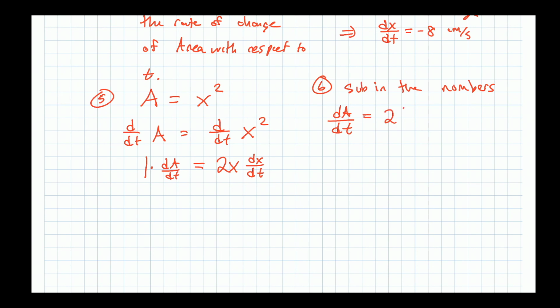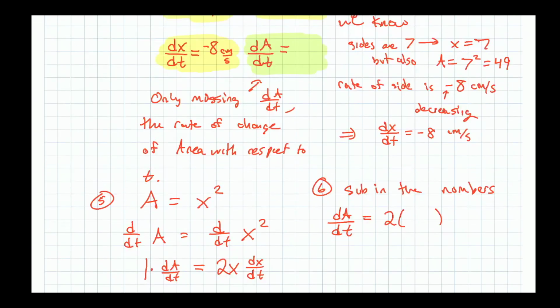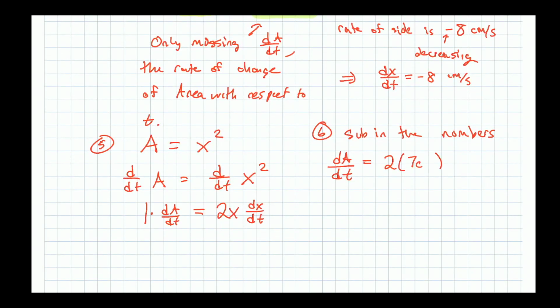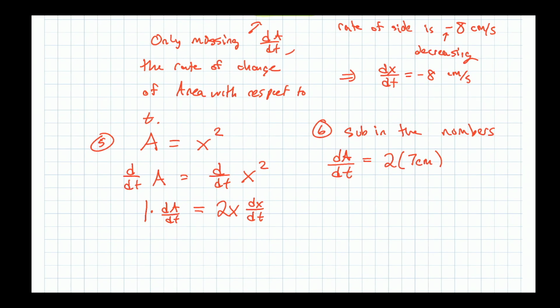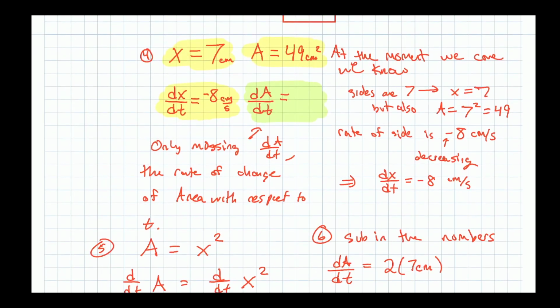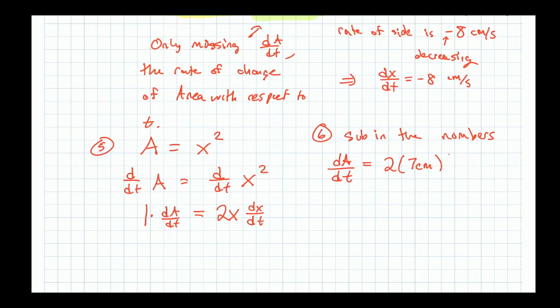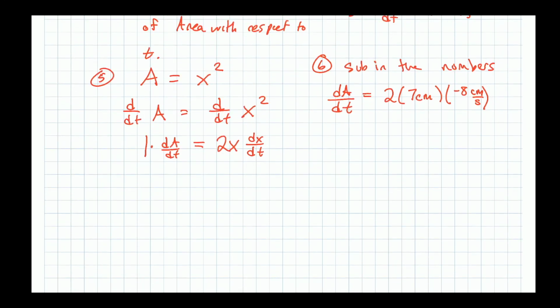But we have 2x. What's x? 7 cm. And we have dx/dt. What's dx/dt? Negative 8 cm per second. And then we'll just multiply that out. So 2 times 7 times negative 8.